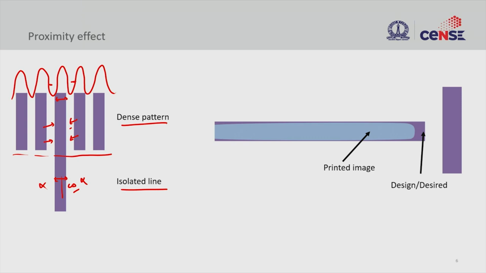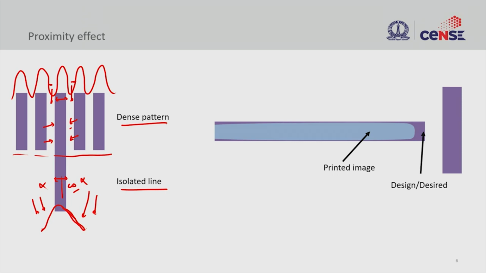The presence of the two lines adjacent to the central line is actually pulling the power down here. That means your pattern will be slightly narrower in feature. But if you take the isolated line, you will have a feature like this. There is a lot of light coming through from this side, and that will make it pretty broad. So when I look at this whole structure, at the top end your line width is going to be narrow.